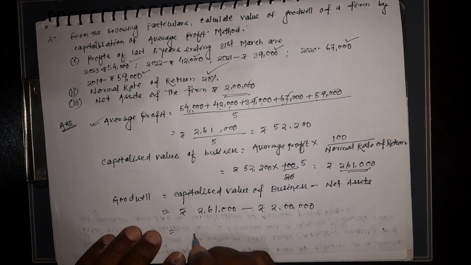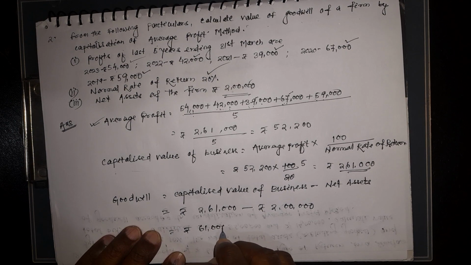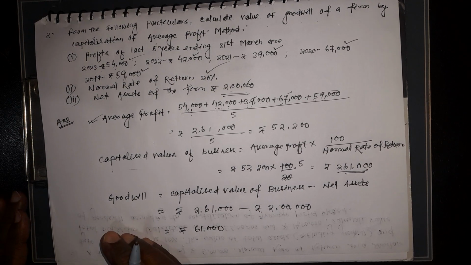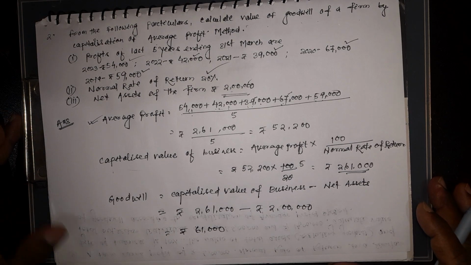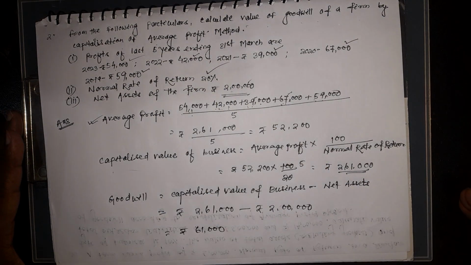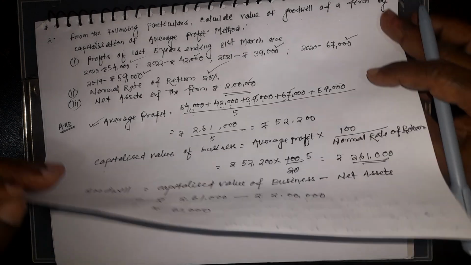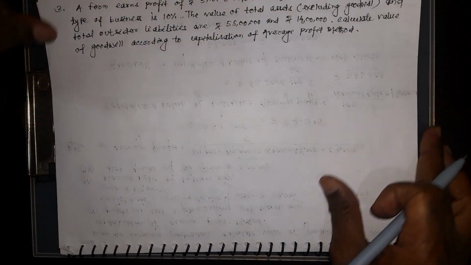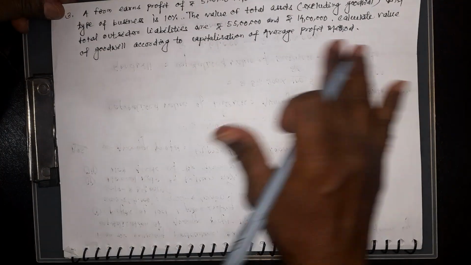So the goodwill value will be 61,000. Clear? If you remember the formula and the steps, it will be very easy for you. And next, another question related to the average profit method, that means the capitalization of average profit method.